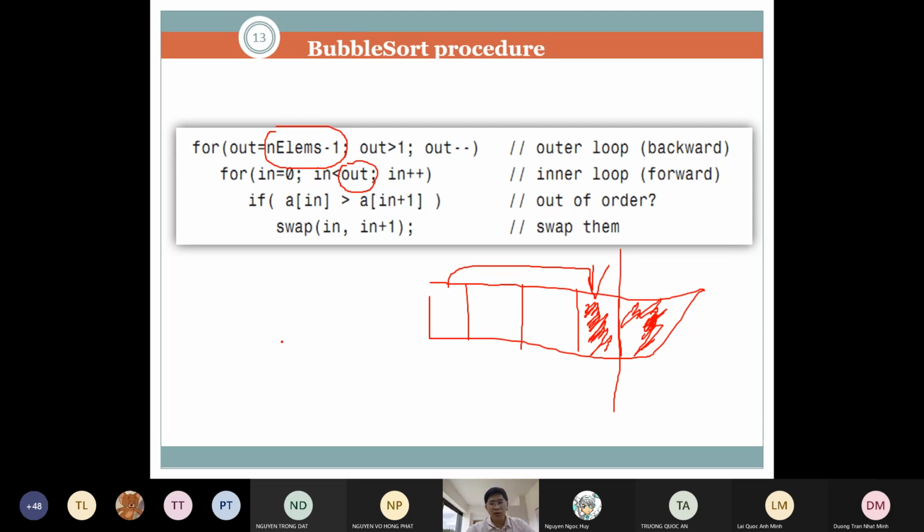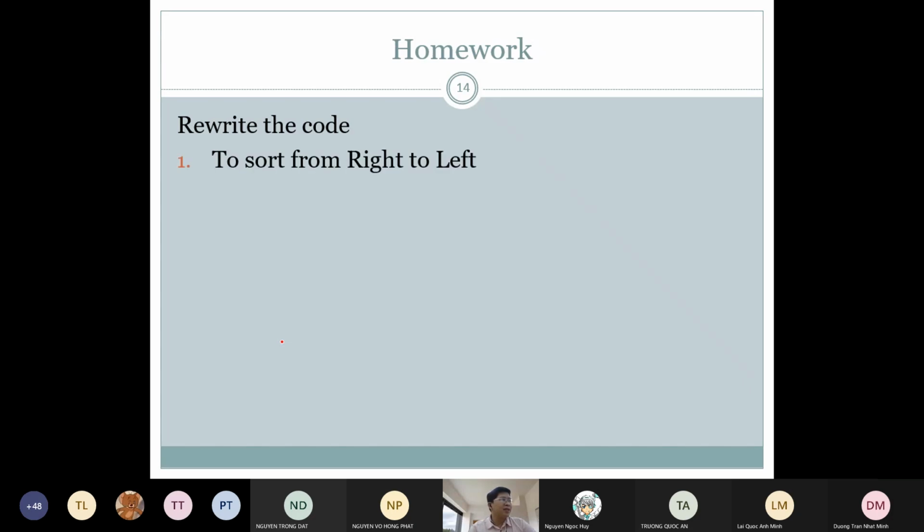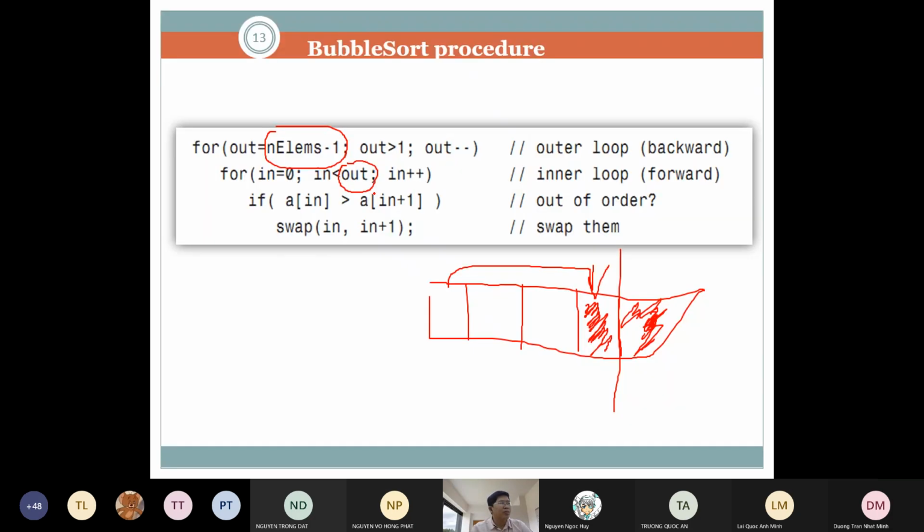So now, time to do some tasks. First task: rewrite the algorithm so that you can do the sort from the right to the left. From here, we start from the left to the right, no? So we start from the left to the right.